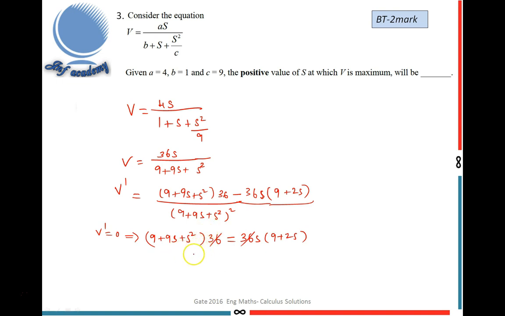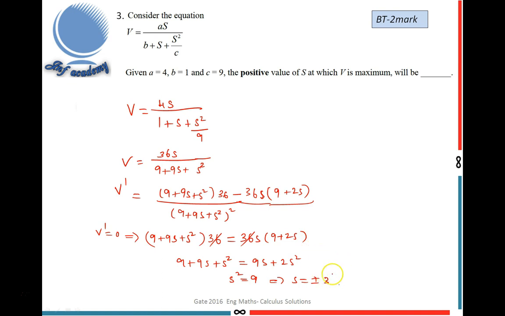Next, I solve this equation: 9 plus 9s plus s square equal to 9s plus 2s square. Finally, I get s square equal to 9. So this gives s equal to plus or minus 3. The critical points of s are 3 and minus 3.